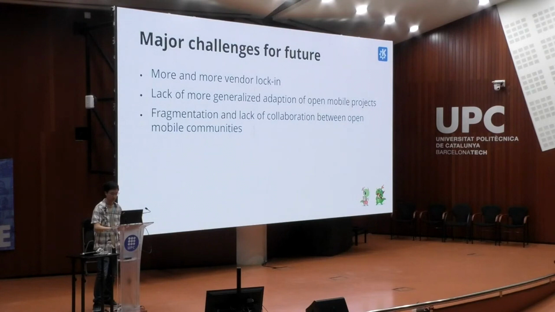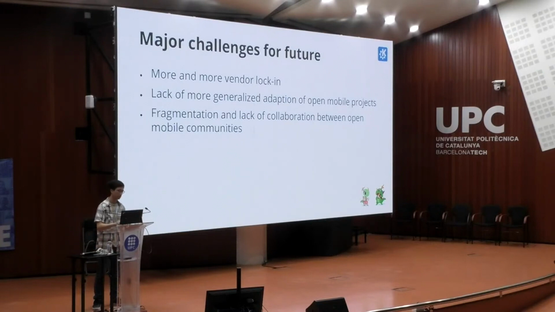The communities are solving problems in their own small bubbles, not communicating with each other, and that is in the longer term hurting each other and hurting this initiative of having open mobile projects.